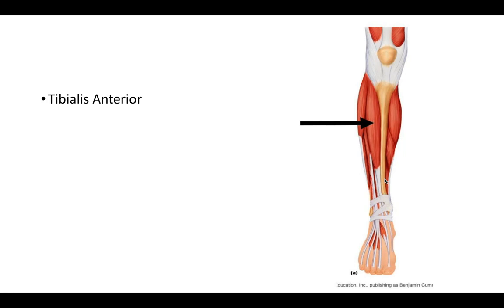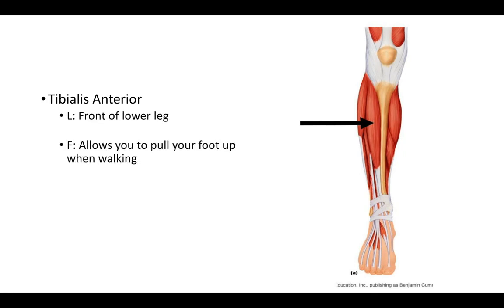This is your tibialis anterior, a large muscle on the front of your lower leg. This allows you to pull your foot up, to lift your foot when you are walking. Damage to your tibialis or to any of these tendons down here that help attach or support the tibialis would cause your foot to drop and drag your toes on the ground as you walk, which is not good.